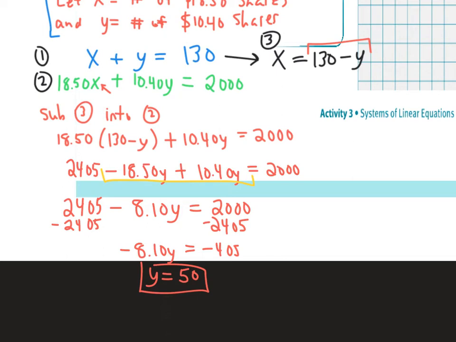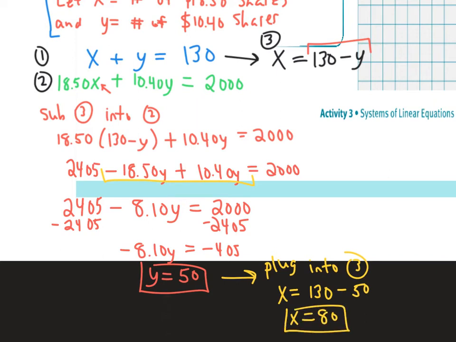I'm going to plug that into equation 3, which said x equals 130 minus y. We know that y is 50, so x will just equal 80. Okay, and again, we defined x at the very beginning, so I know what x is.